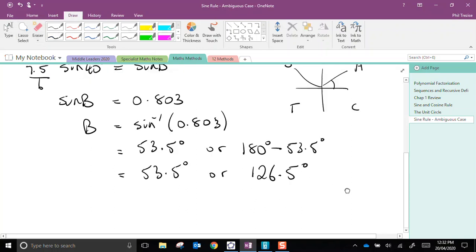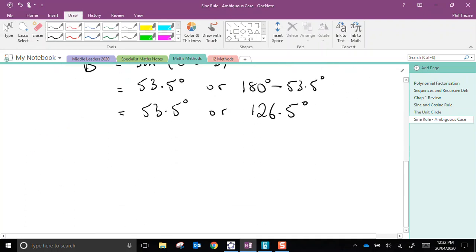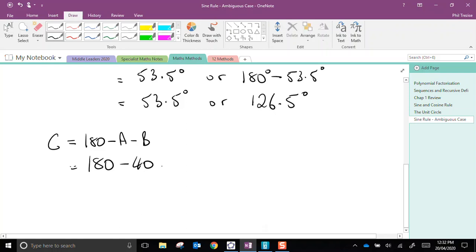In the case that we're looking for angle C, which is the next thing to solve the triangle, we would go, well, angle C equals 180 minus A minus B. Now A was 40, that was given, and if we subtracted 53.5, or in this case over here, angle C would be 180 minus 40 minus 126.5.